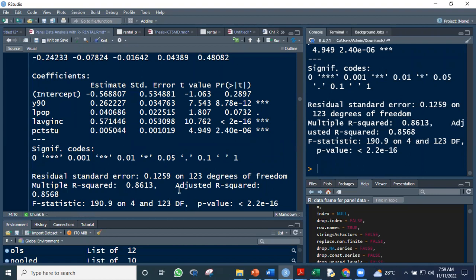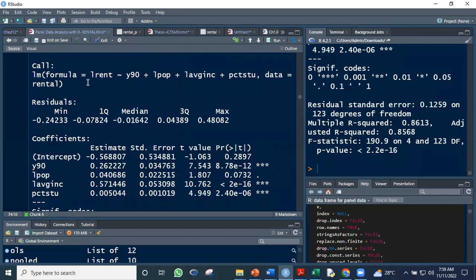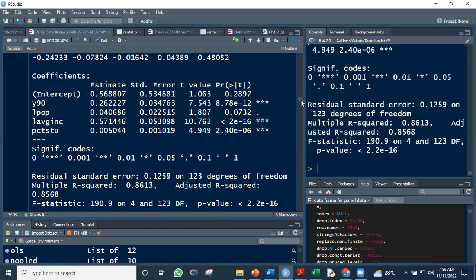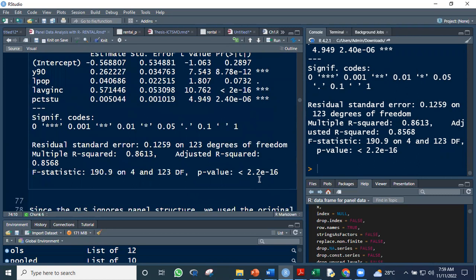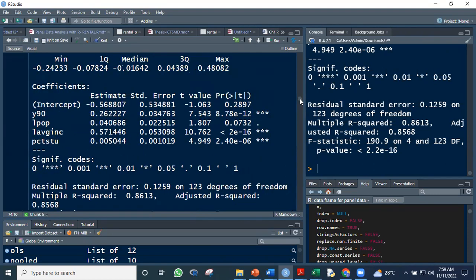So we say that overall the model is able to explain the dependent variable log rental overall, with the p-value of practically 0, f-stat of 190.9 on degrees of freedom 4 and 123 respectively. And the model is able to explain the variability of our dependent variable rent 86%. Okay. So any questions regarding this output class?